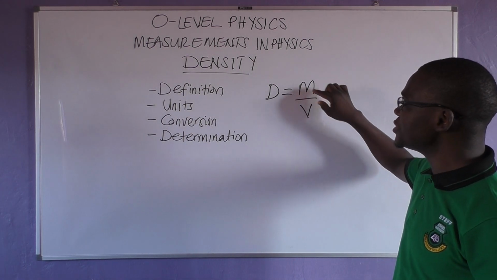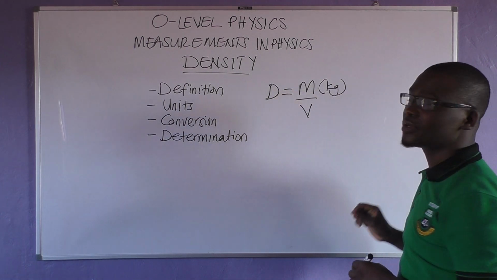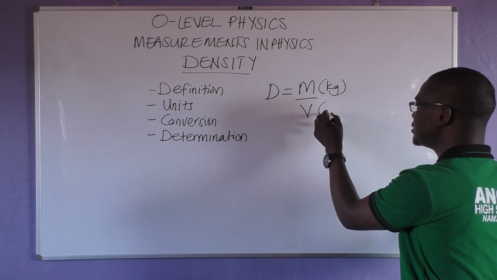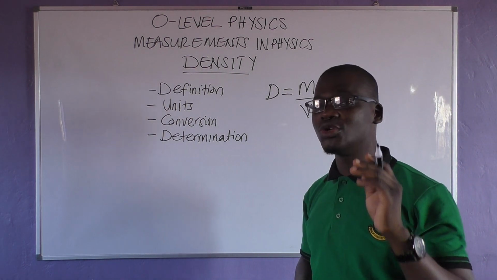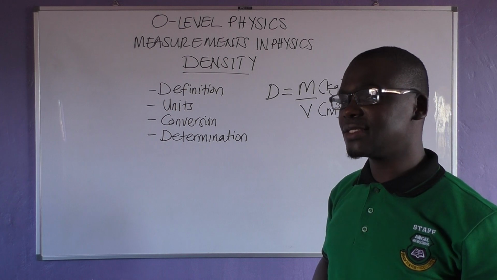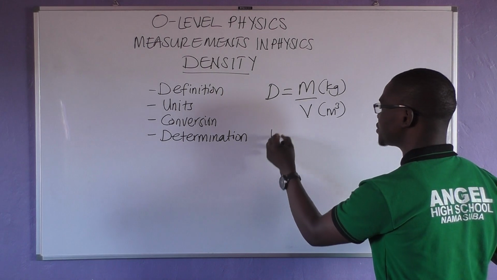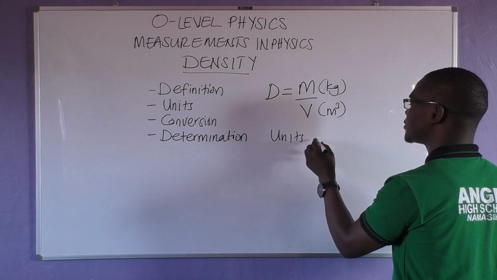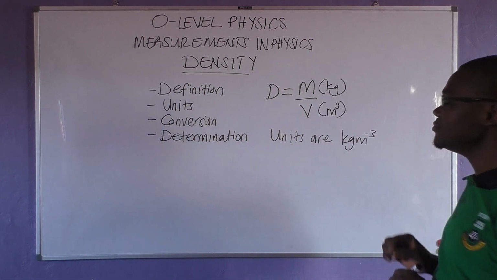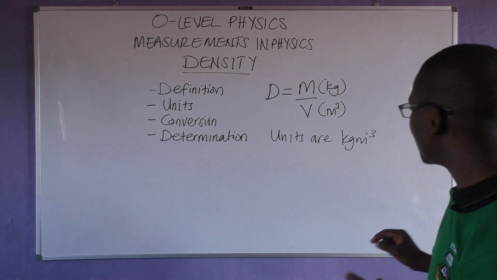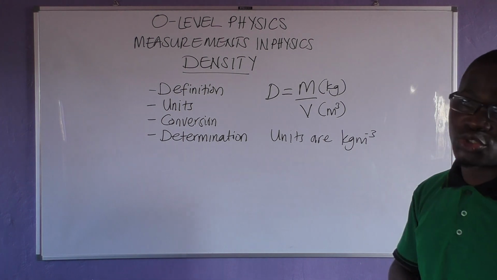How do we get the units of density? From our formula, which is mass over volume, mass is measured in kilograms, whereas volume is measured in meters cubed. And therefore, that will give us the SI units of density as kilogram per meter cubed, kg/m³. The negative power shows that we are dividing kilogram by meter cubed.